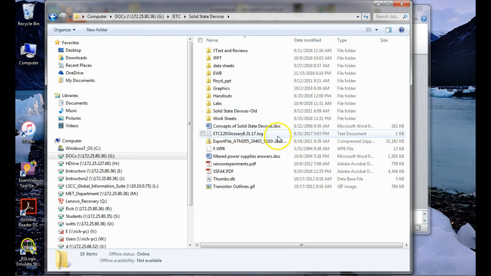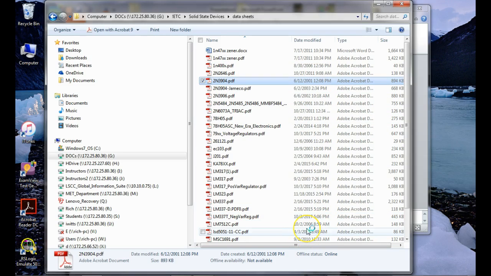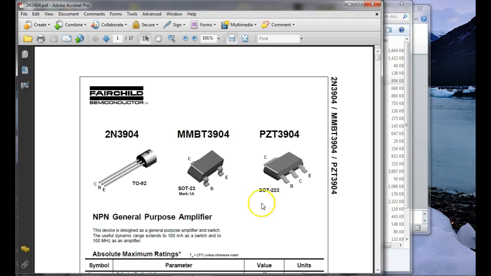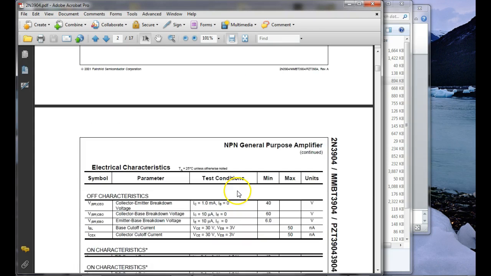So if we look at all these transistor data sheets that we have available to us, we're going to deal a lot with the 3904, which is an NPN transistor. And then we start looking for PIV.